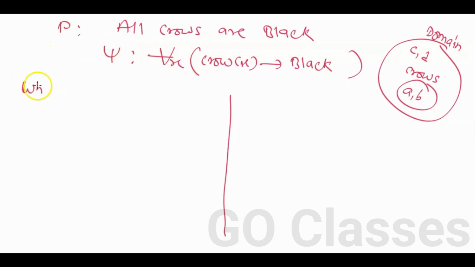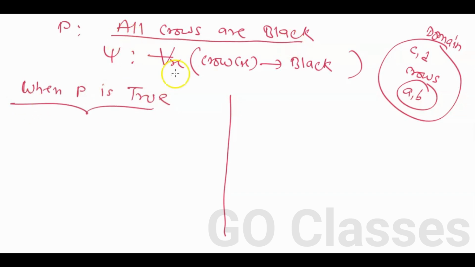So when P is true, what does it mean? It means all crows are black. So you can automatically see that this statement will also be true. Because when P is true, all the crows are black, which means phi cannot be false.